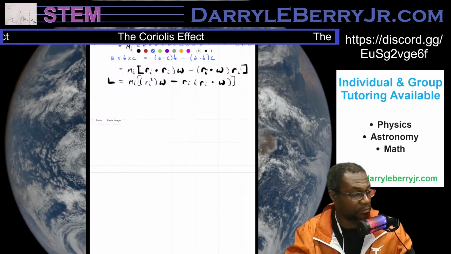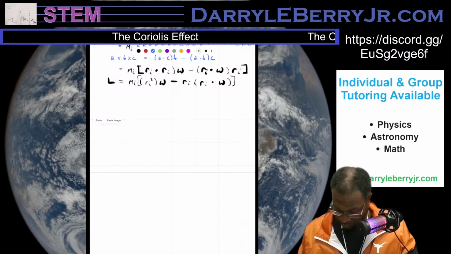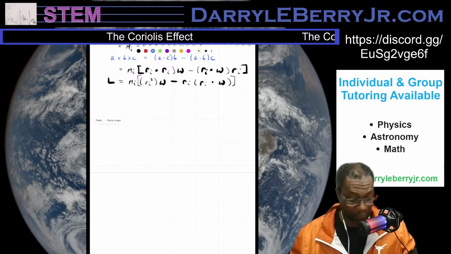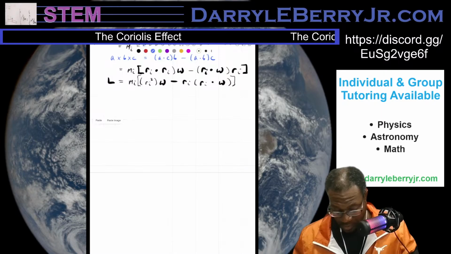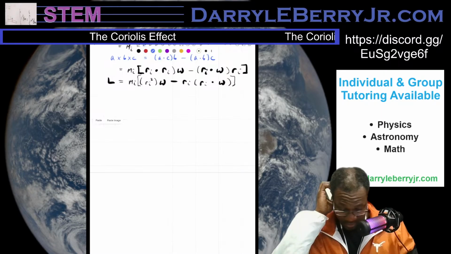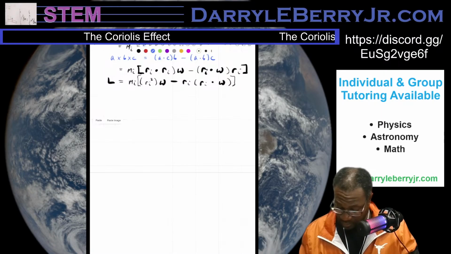Almost to the next part. L equals the sum of mi ri squared omega minus ri ri dot omega. And this is 5.3.